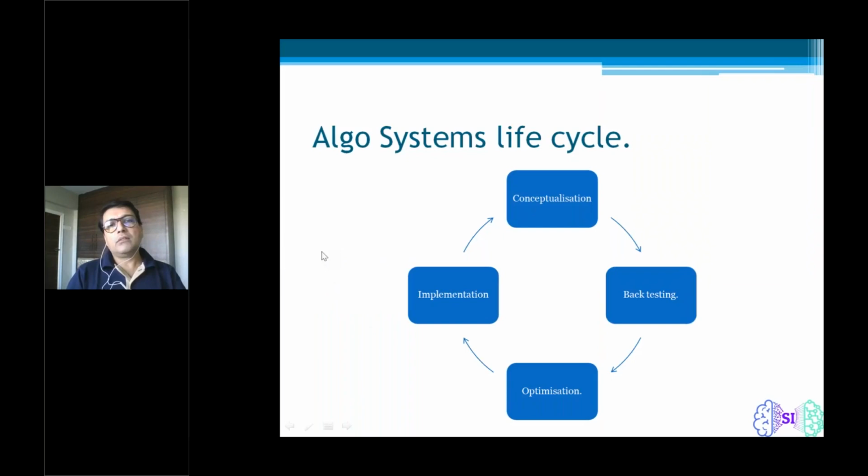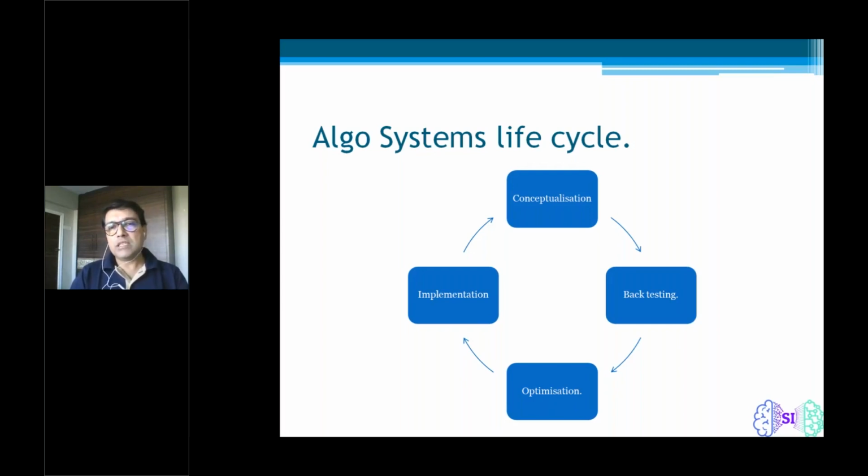So normally the algo system life cycle that we have is conceptualization, backtesting, optimization, and implementation. These are the four pillars. Of course, there are many other steps coming in between; these are not the only four steps. But what matters in a system is how you have conceptualized it, how you have backtested it, how you optimized it, and when and how you implemented it.